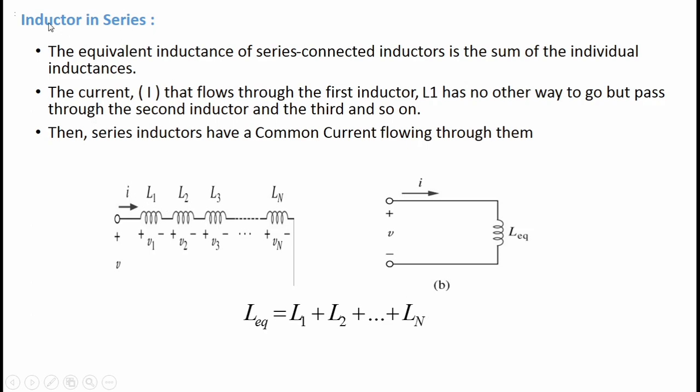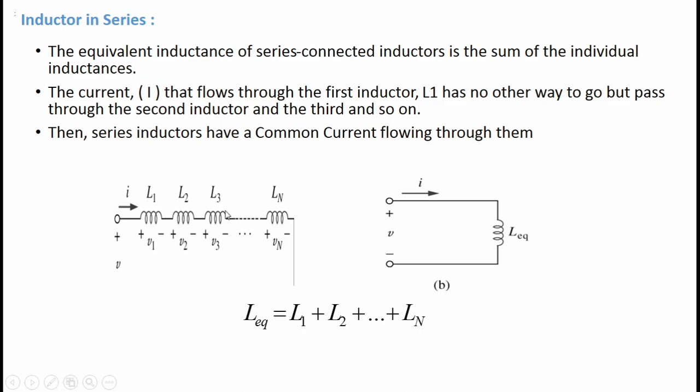Then inductors in series. The equivalent inductance of series connected inductors is the sum of the individual inductances. The current I that flows through the first inductor L1 has no other way to go but to pass through the second inductor, and the third, and so on. The figure shows inductor L1 having turns, then L2, L3 and Ln.